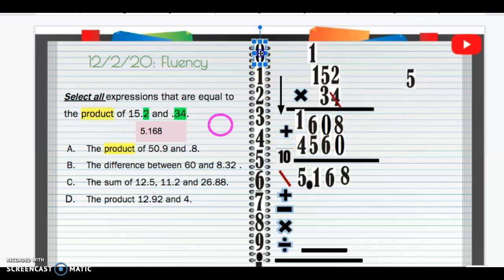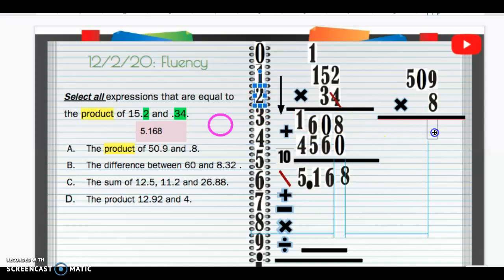And again, when we multiply, we take out the decimal point. No decimal point when we're multiplying. We take it out. So we have 509, and then we're timesing it by 8. So we have to do 8 times 9. Well, 8 times 9 is 72.